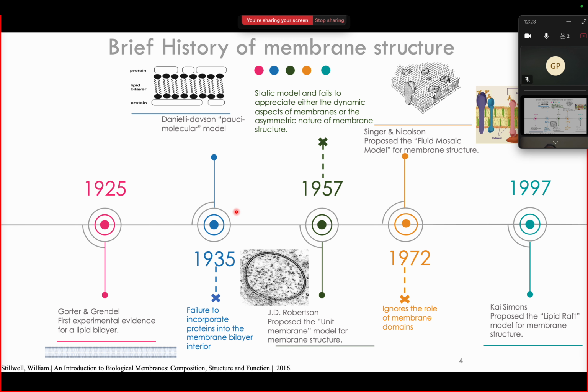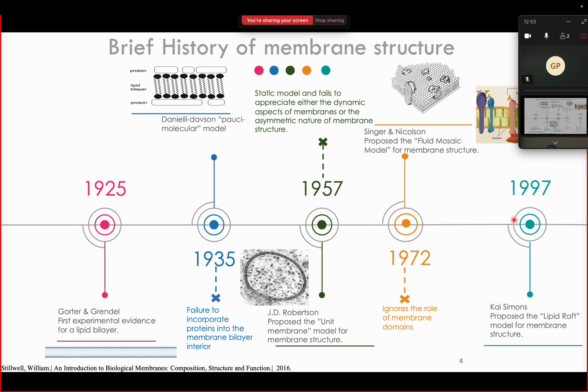The fluid mosaic model came about by adapting the models which gradually developed throughout history. That the membrane is of a lipidic nature came across in 1925, right? Then other models such as the Pauci model, the unit membrane model, then finally the fluid mosaic model, and the recent one, the lipid raft model.